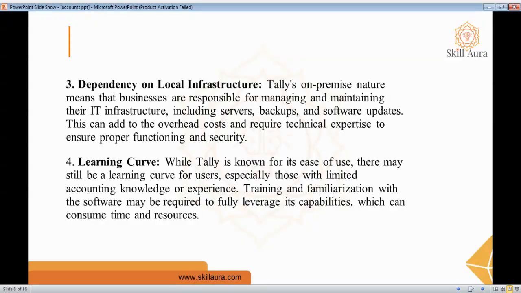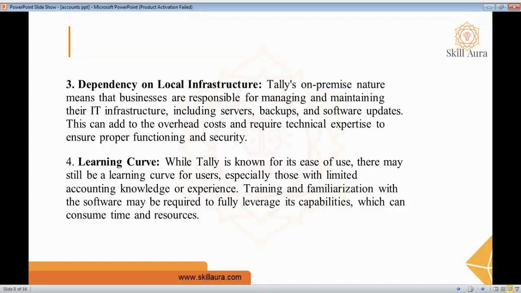While Tally is also known for ease of use, there may still be a learning curve for users, especially those with limited accounting knowledge or experience. Training and familiarization with this software may be required to leverage its capability, which can consume time and resources both.